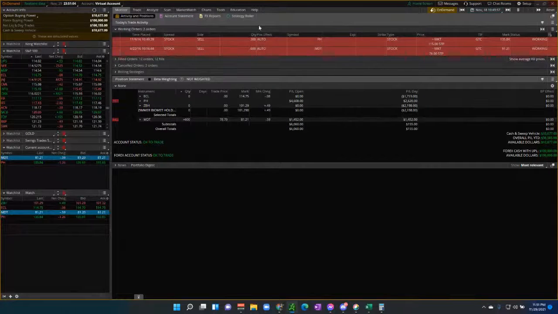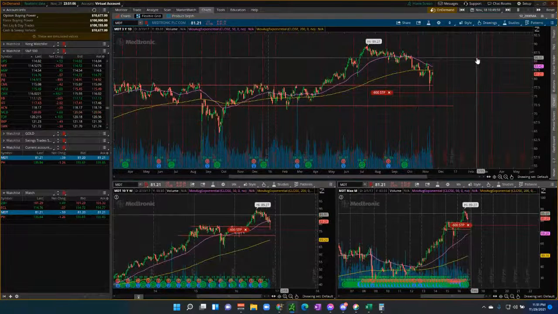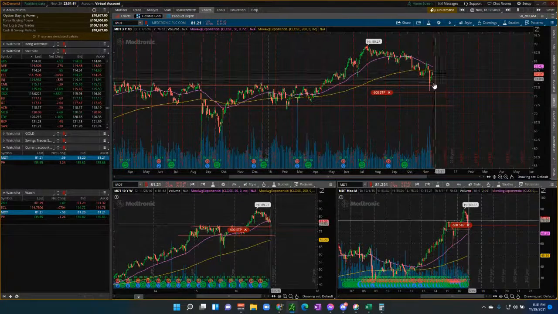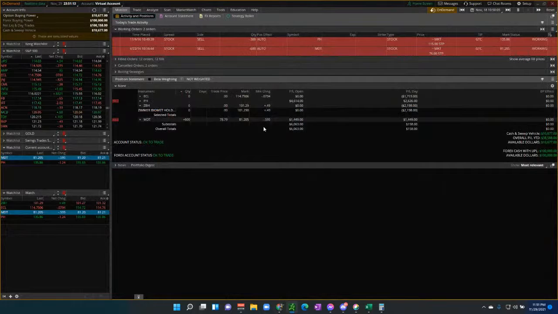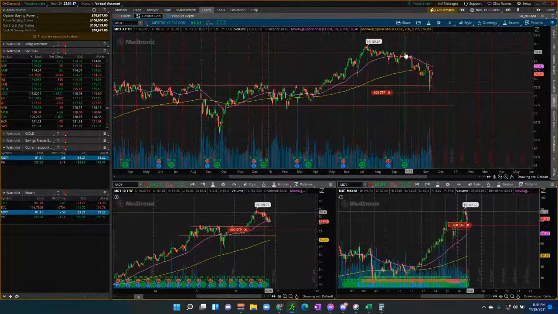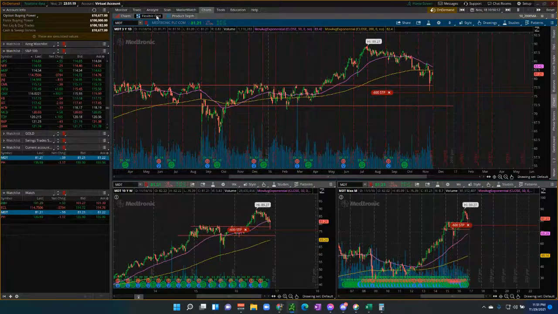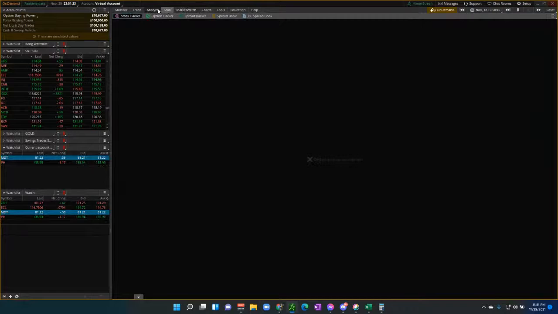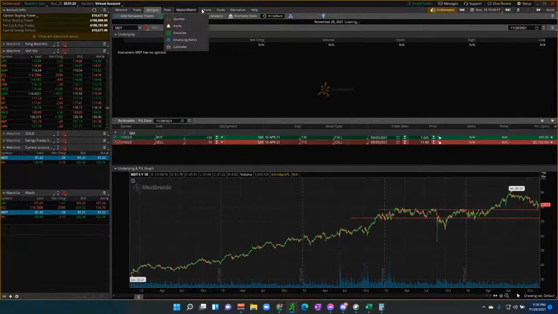Definitely went up. So as we're seeing MTD fall, you might want to consider it. We could have done it all the way back up here, but we're still sitting on some gains. We're about 1,500 in.